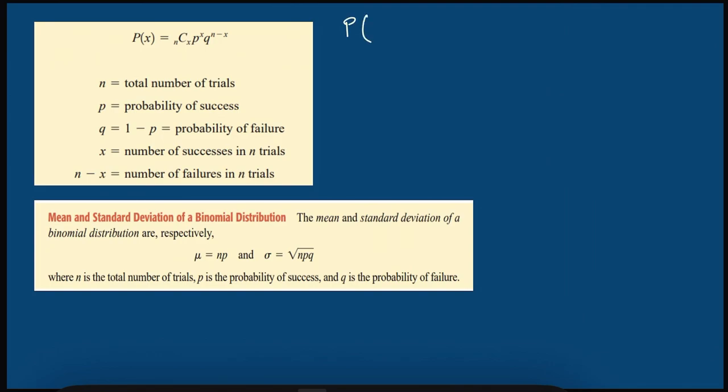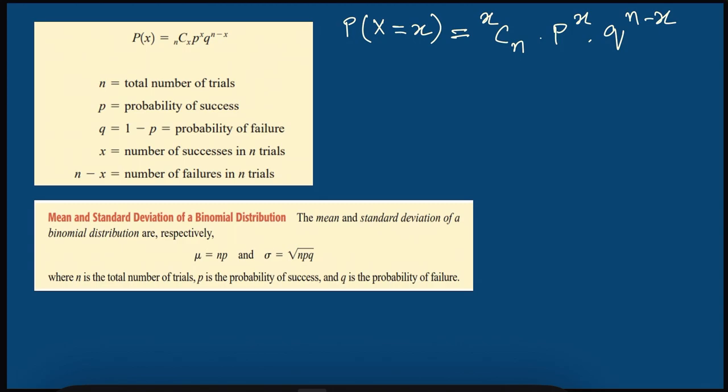The PDF for a discrete random variable is expressed as P of X at x, that is, the random variable equals x. This is the PDF, and the formula for the PDF in that case is nCx p raised to the power x and q raised to the power n minus x.